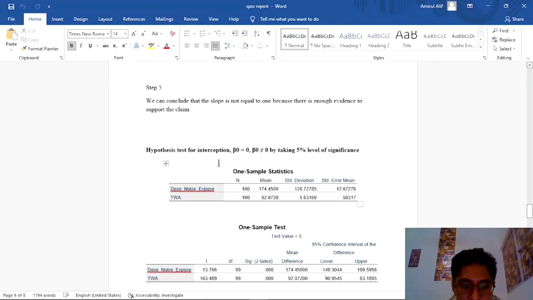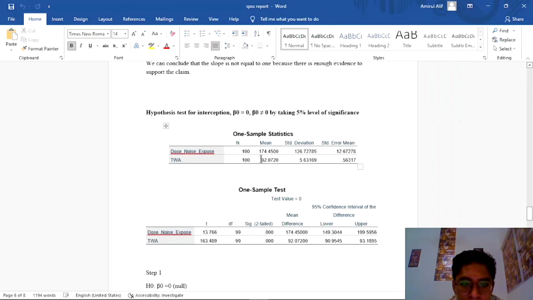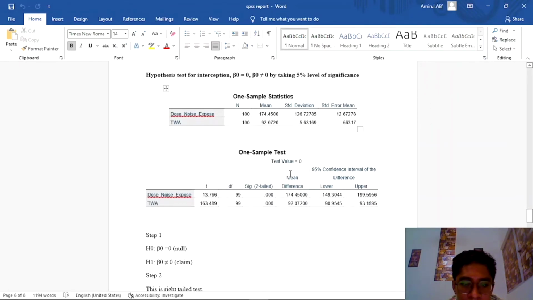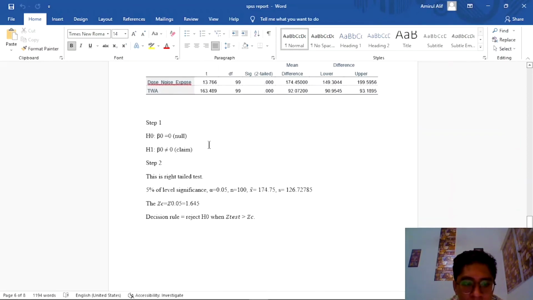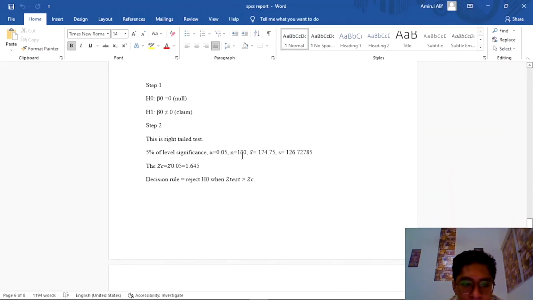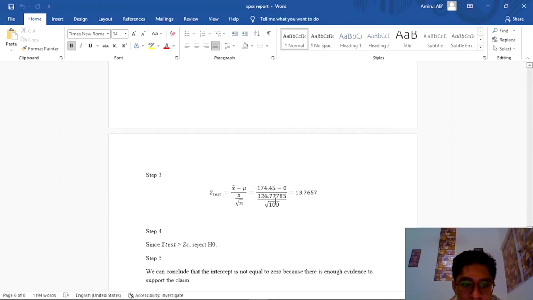Okay, next is the hypothesis test for intercept, beta 0 equal to 0, beta 0 not equal to 0, by taking 5% level of significance. This is the statistic sample and the test sample. The step is the same as before. And this is the formula.